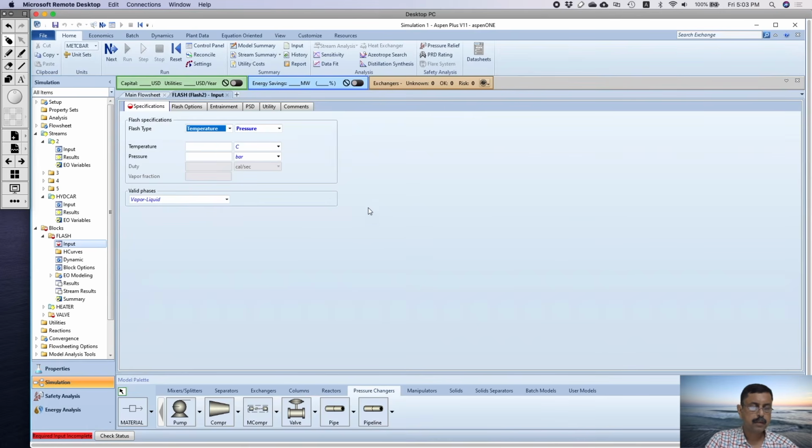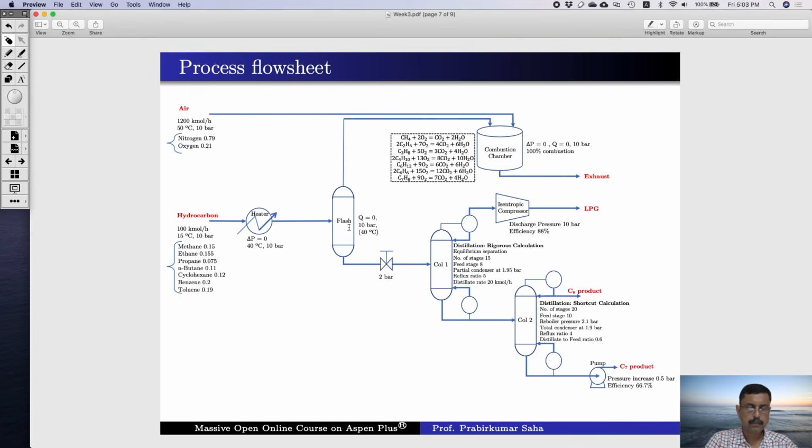Here the flash input, let us see, there are 3 inputs available. It is adiabatic, there is no temperature loss, heat duty is 0, pressure is 10 bar or 40 degrees centigrade.